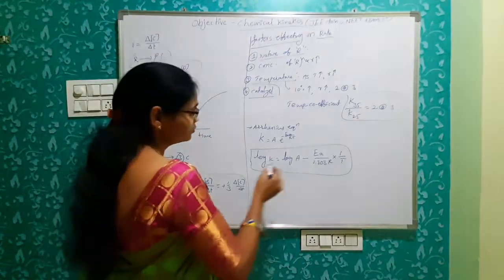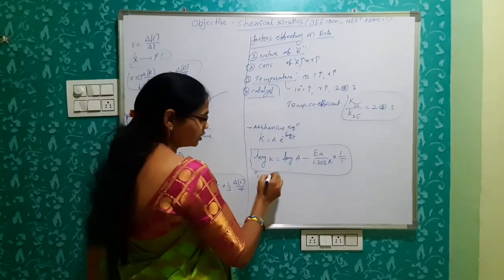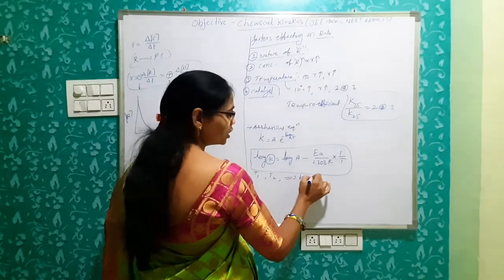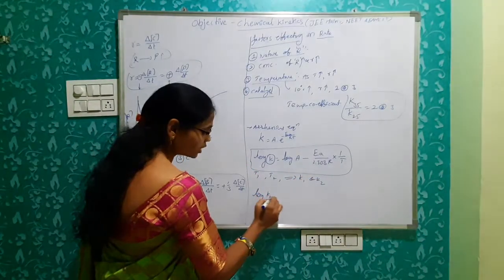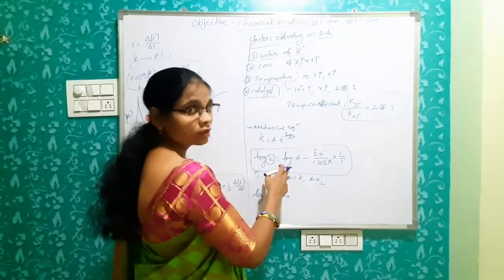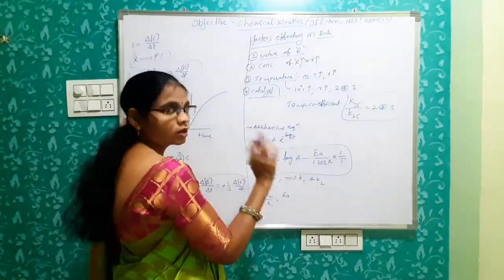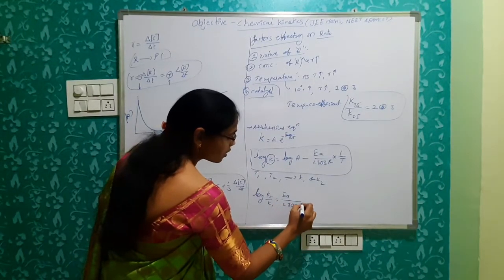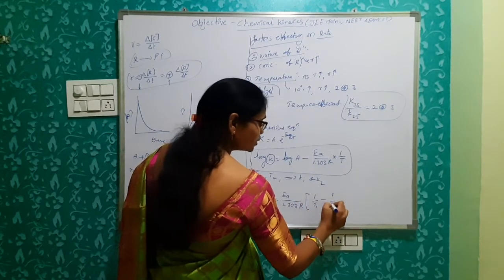For different temperatures, T1 and T2, we get different K values, K1 and K2. For that relation, we get log K2 by K1 is equal to Ea by 2.303 R times 1 by T1 minus 1 by T2.